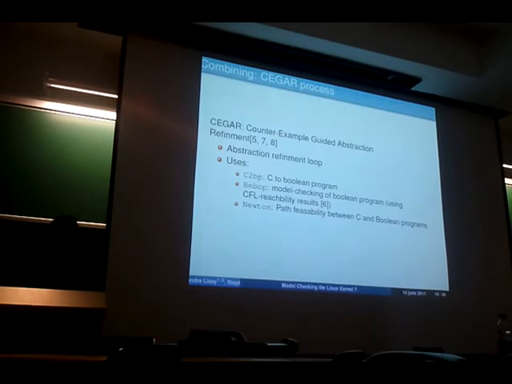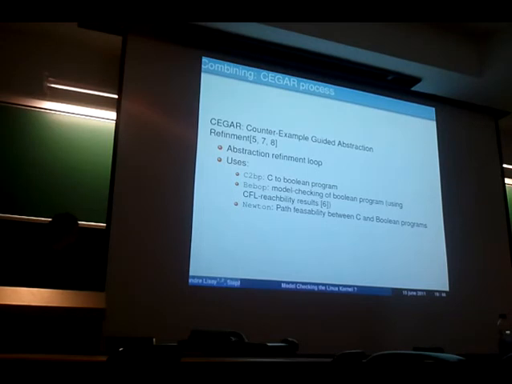And they also proposed a way to plug everything together, which is called the SLAM process. It's basically pretty easy to understand. It's an abstraction refinement loop. You have the C2BP program that converts C code to Boolean programs. Then a model checking tool is applied to check whether the property holds or not.